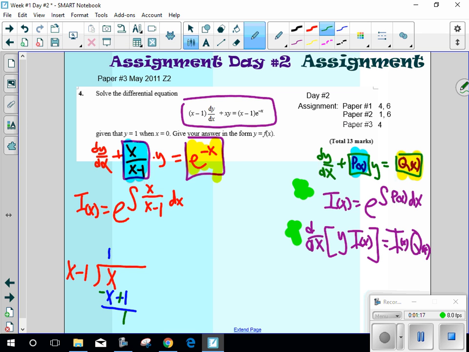This will be 1. And won't that just be the remainder plus 1 over x minus 1? This is the same as e to the integral of 1 plus 1 over x minus 1.